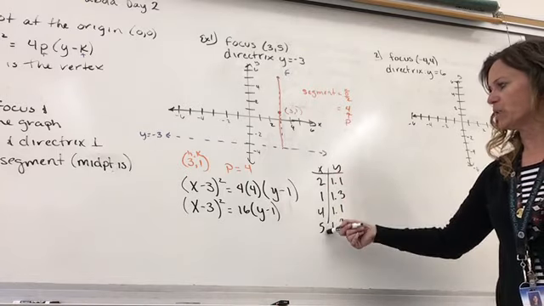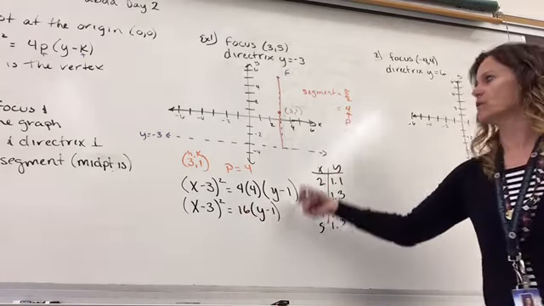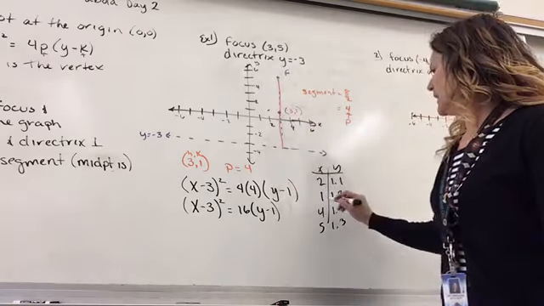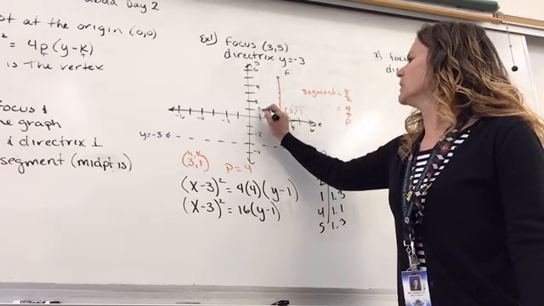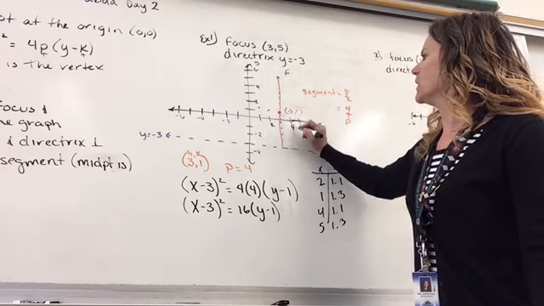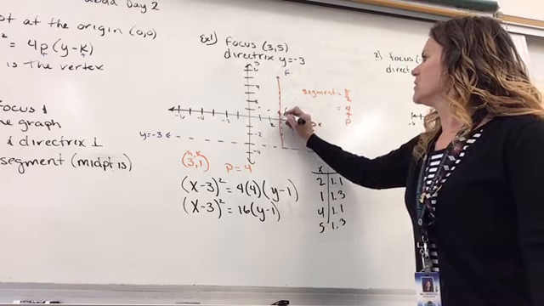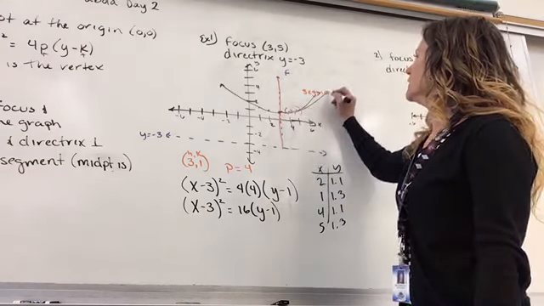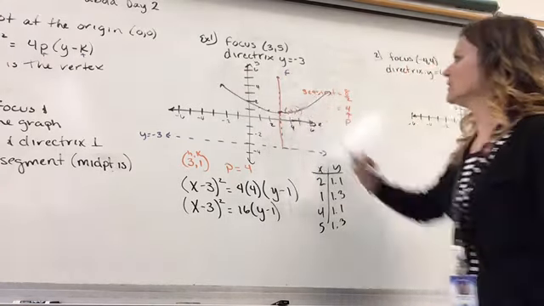So these are the values you plug in and solve for y. I'm going to graph those. At 2, we're at 1.1. At 1, we're at 1.3, slightly above. At 4, 1.1. At 5, 1.3. So our parabola is making this wide shape. And there we go. That's it. We're going to look at one more example.